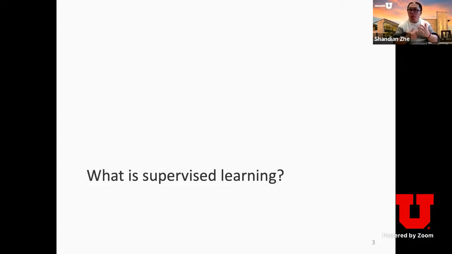So we have briefly discussed what supervised learning is, right? So basically, as an analogy, as human beings, supervised learning is like you have a teacher, right? And when you solve problems, the teacher will provide you the answer, and according to the answer, you're going to improve the capability to solve the problems.